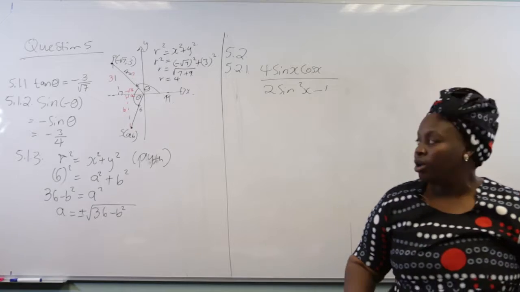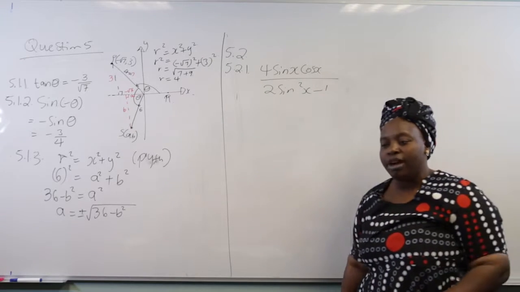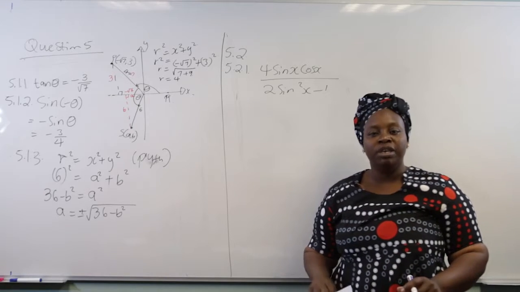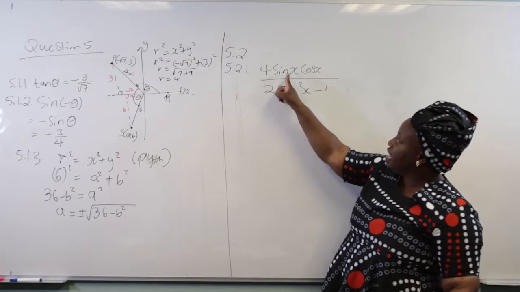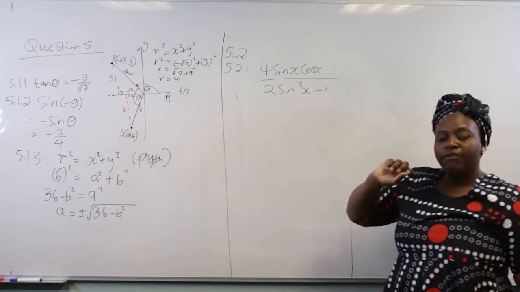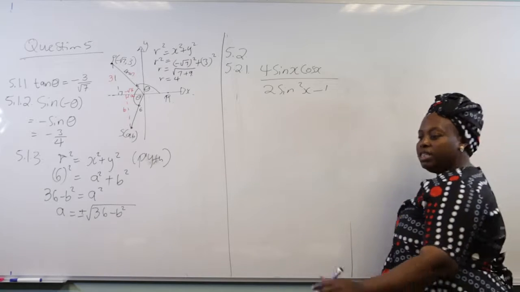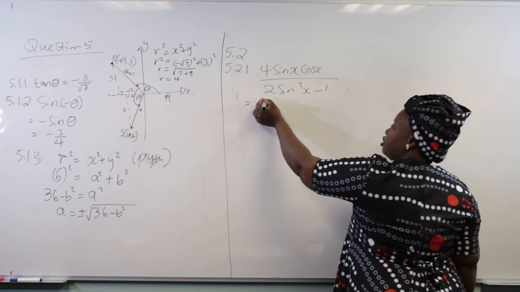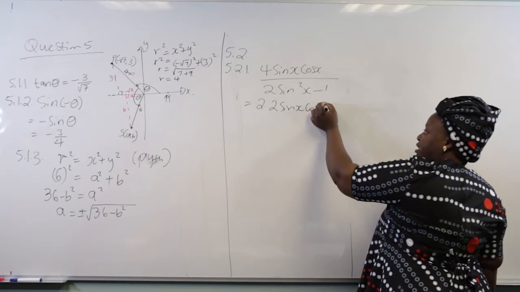If I was you, immediately when I see it like this without numbers, I will run to my formula sheet, put it in front of me, and then look at the relationship. First of all, there is something that has sine and cos in the formula sheet, but it's not 4 here. What is it? It is 2. So it means you're going to say this is the same as 2 multiplied by 2 sine x cos x.